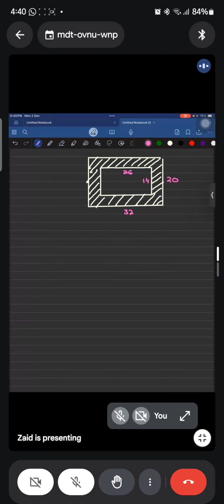Number one, calculate the lower bound of the perimeter of the outer rectangle. Sir, outer triangle or outer rectangle?